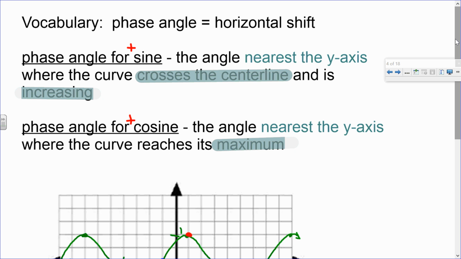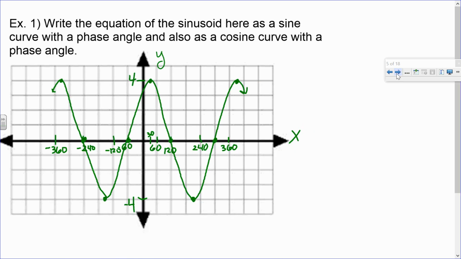Let's try to figure this out for this graph. Can I do this one with no shift? Does it cross the y-axis at a max, min, or centerline point? No, so I've got to do it with some sort of a shift. My directions say I'm going to do it both as a sine and as a cosine.